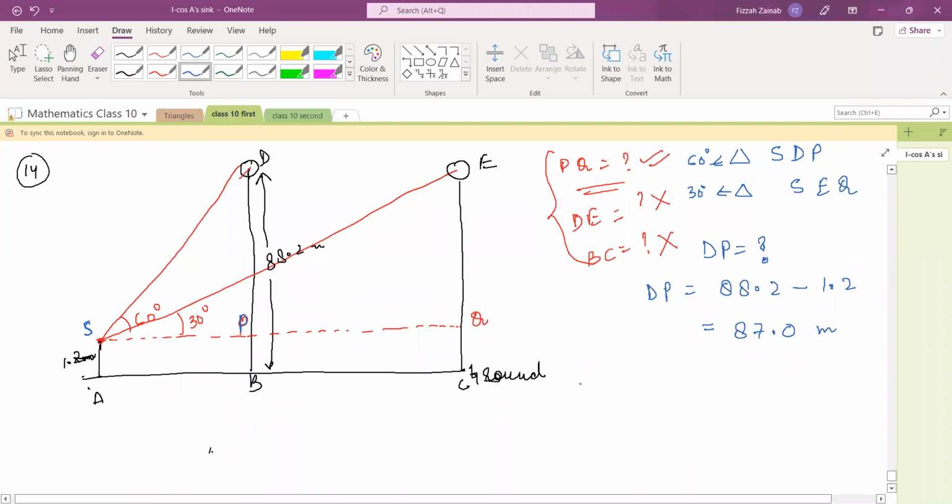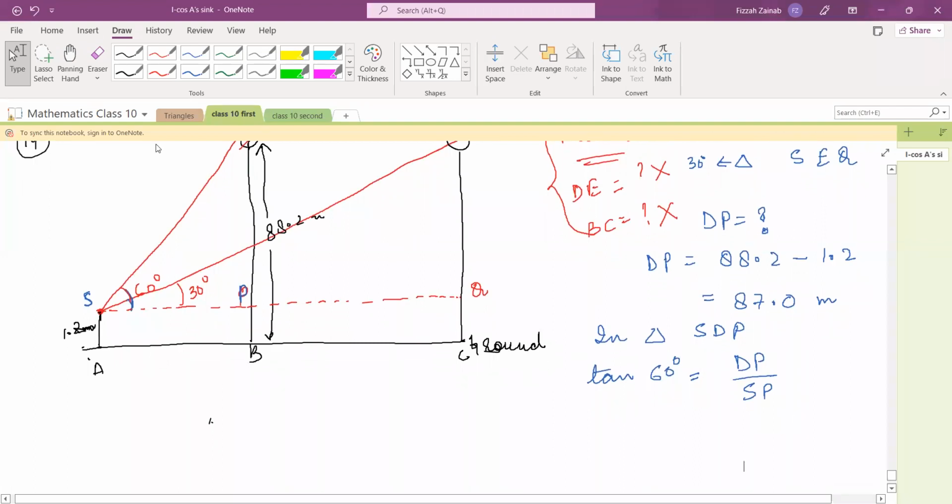Now I come to triangle SDP. Tan of 60, this 60 is from the horizontal level. So tan of 60 degree is perpendicular upon base, that means DP divided by SP. Any problem here? Anyone? No. Okay, now put the values.